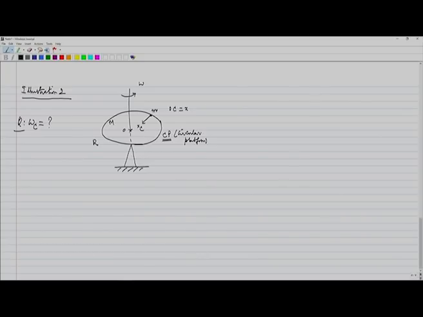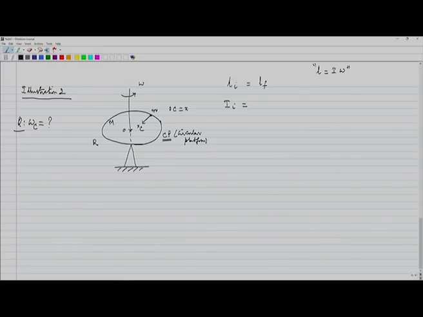Now again, there are no external torques, therefore the orbital angular momentum initial is equal to the angular momentum at some later instant of time. We need to make use of the formula L is equal to I times omega.